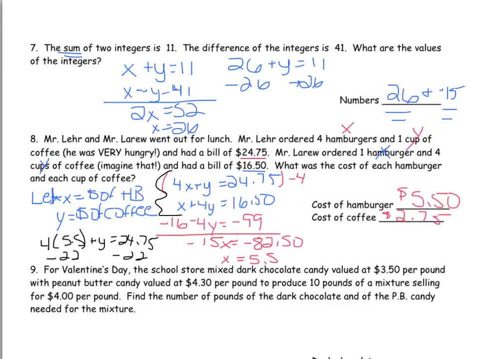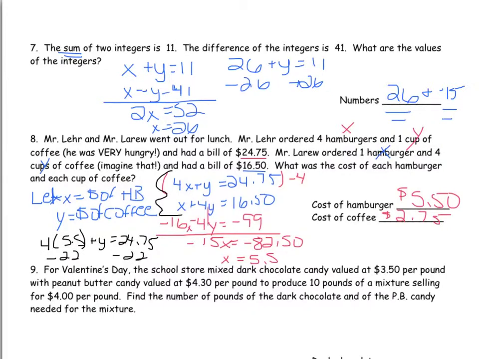So this is my system. I chose to solve it by combination. So if you chose combination and you got it wrong, you hopefully will be able to see your mistake here. If not, you might have to go just double check your arithmetic. So I did negative 4 times 4x, negative 4 times y, and negative 4 times 24.75. And I combined down, so x minus 16, oops, I'm missing an x, is negative 15x.